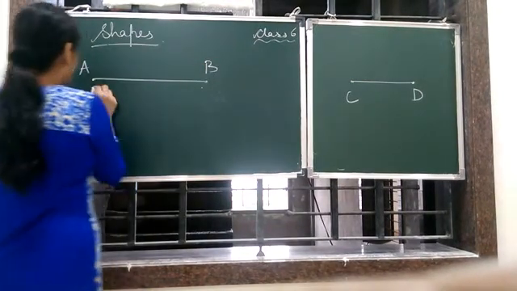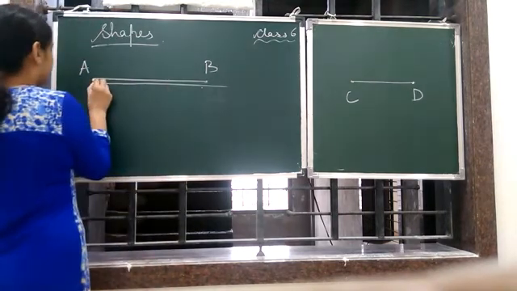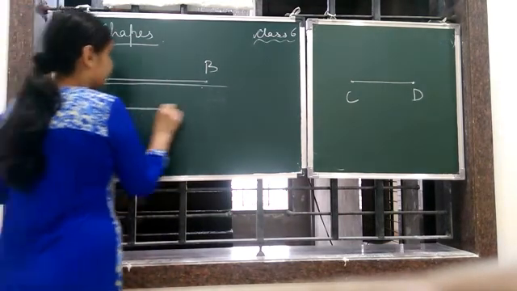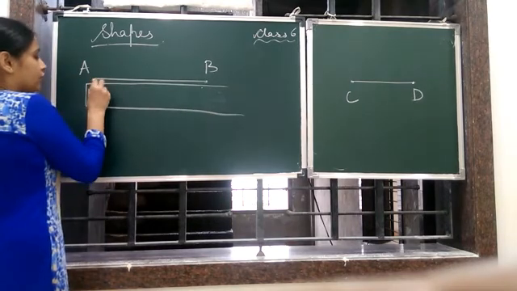How? Place your ruler like this. This is your ruler. Your starting point should start from the 0.